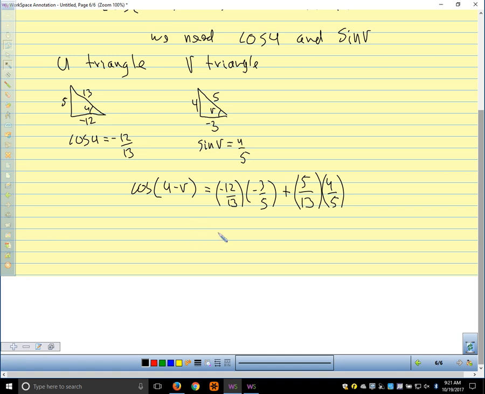And then we multiply this out. 36 65ths plus 20 65ths equals 56 65ths. That's a nice answer, isn't it?